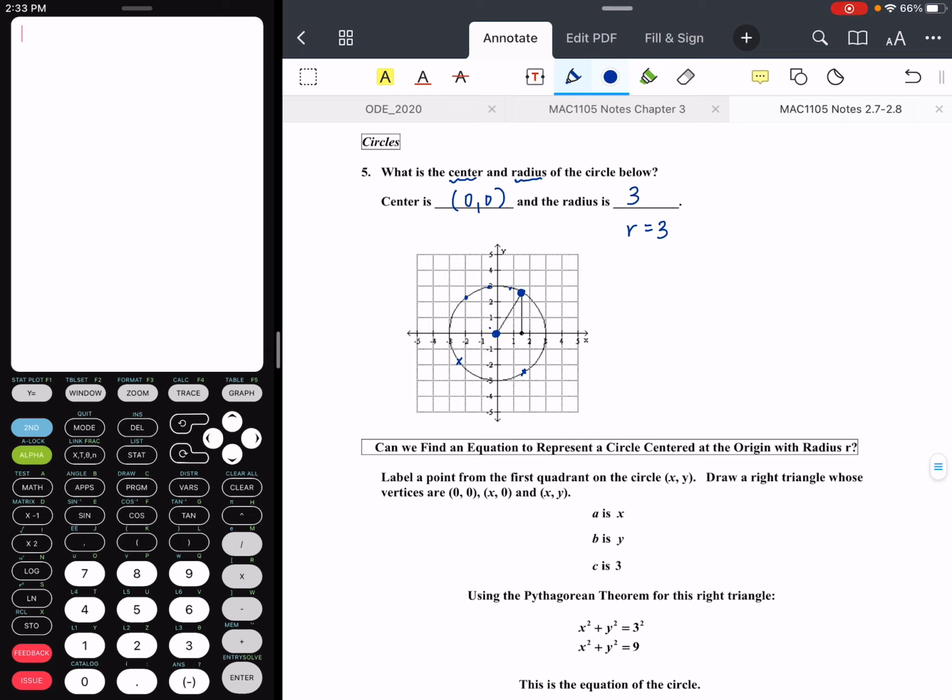I want to use the Pythagorean theorem. If this is a and this is b and my hypotenuse is c, then I know that a squared plus b squared equals c squared. Another way to think of this is for this point, which is some x, y ordered pair, this distance a down here will be whatever x is.